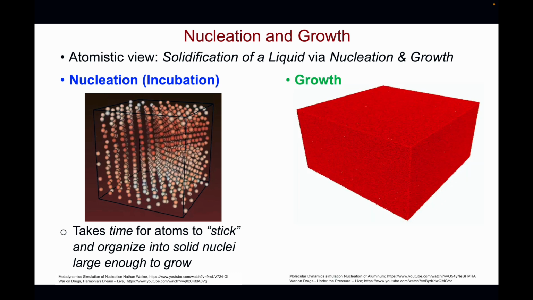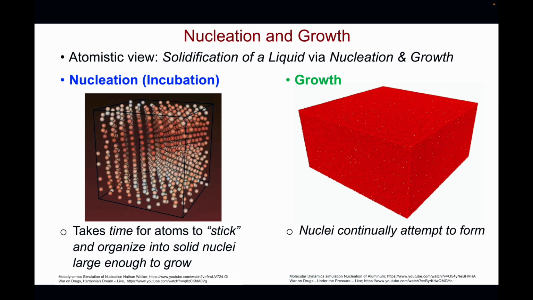Next, we have the process of growth. In this simulation, hopefully you can see the small yellow-colored nuclei trying to form throughout the liquid. They come and go in different parts of the liquid as they try to organize.